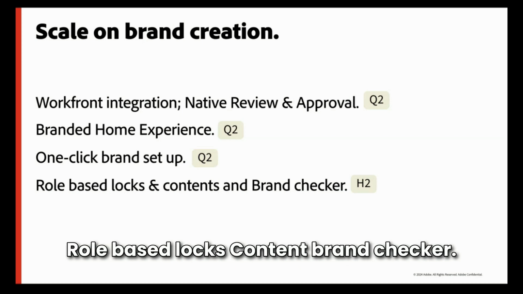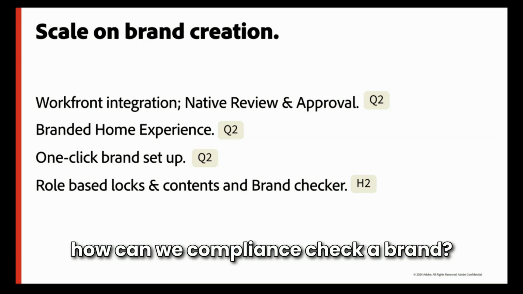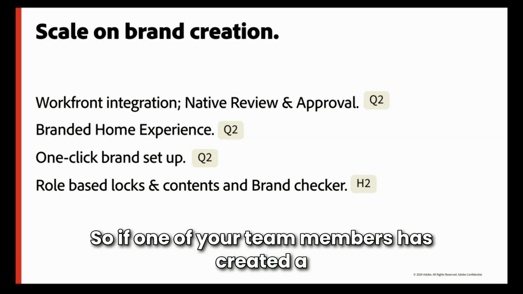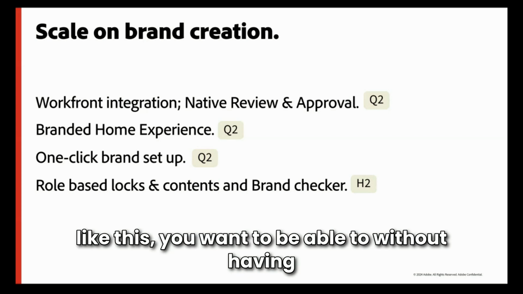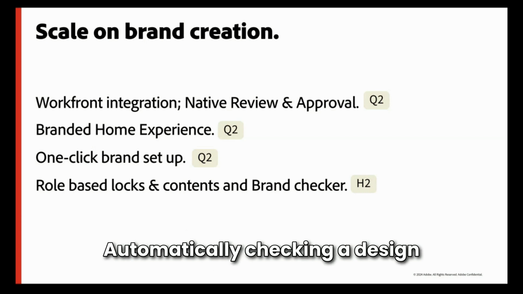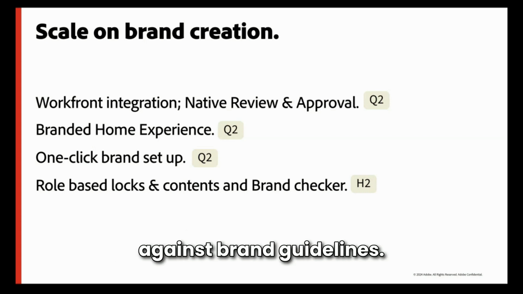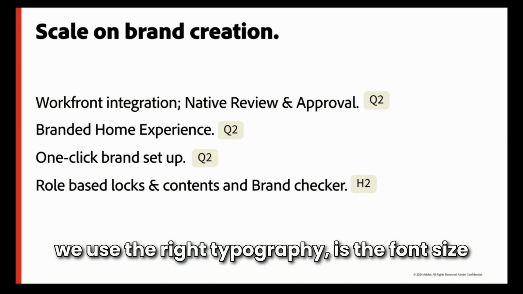Role-based locks, content brand checker. Basically, the TLDR under this is, how can we compliance check a brand? So if one of your team members has created a template to promote a new product, or to promote a webinar like this, you want to be able to, without having to rely on the brand team's manual oversight, automatically check a design against brand guidelines: right colors, is the logo in the right placement, did we use the right typography, is the font size correct.